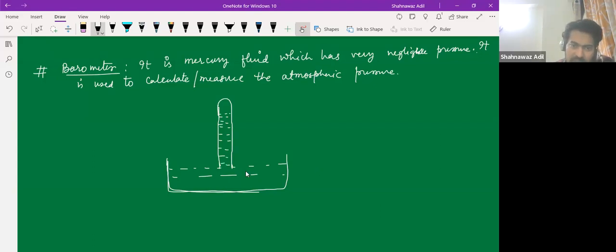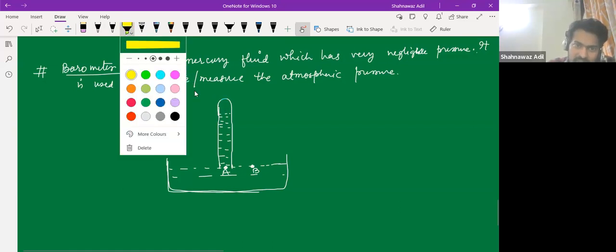If I calculate the pressure at this point and at this point, let's say this is A and this is B, and in here we have mercury in vapor phase.